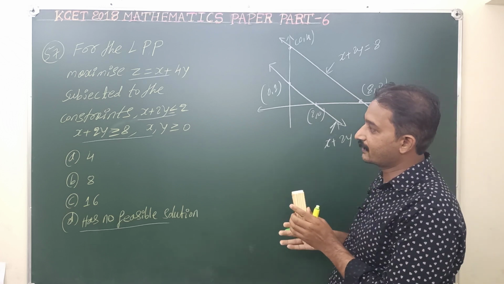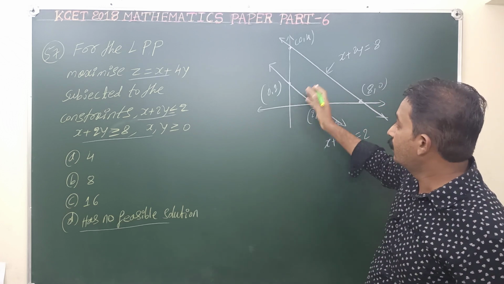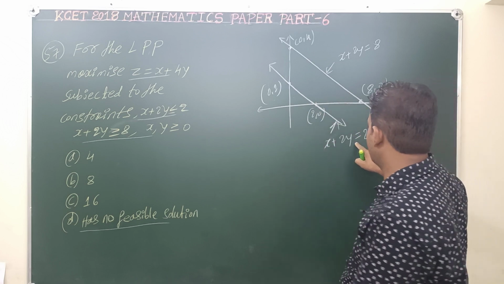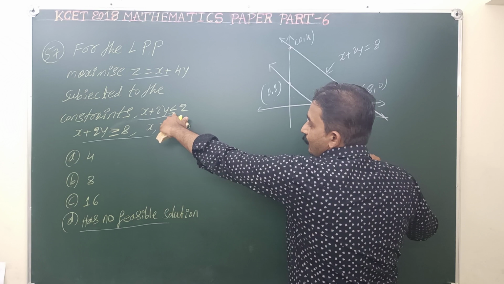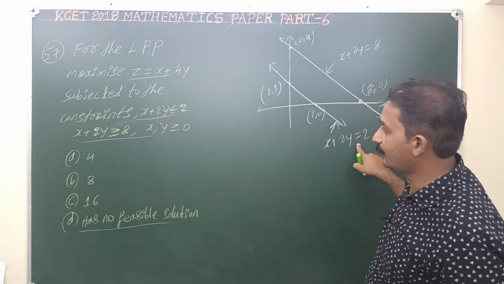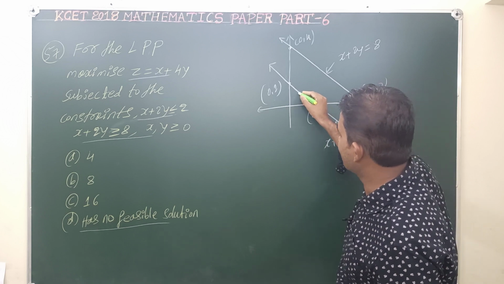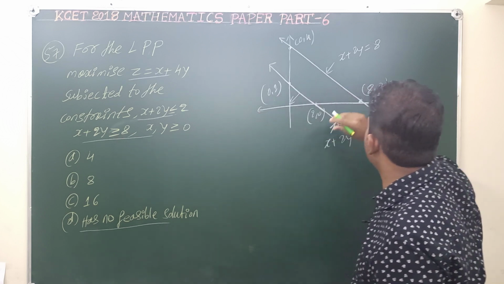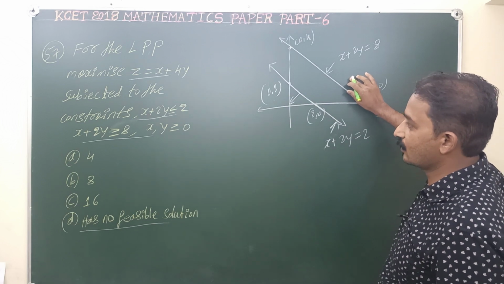Now find the solution region of these two lines. Corresponding to this line, less than or equal to is there in the inequality, so it satisfies 0 comma 0. Hence the solution region is towards the origin. Here greater than or equal to is there, so it does not satisfy 0 comma 0.